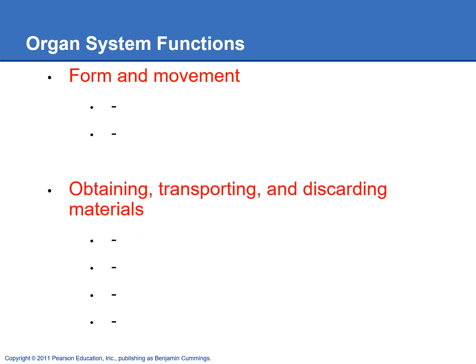All right, so we're going to classify our organ systems based on their function or what they do. So let's take a look at the organ systems that are going to give us our form or shape and also allow us to move.